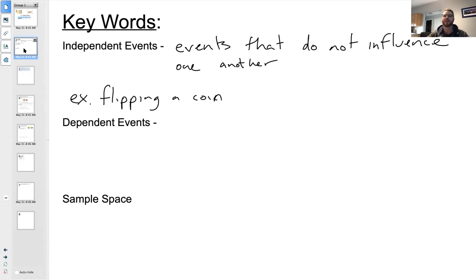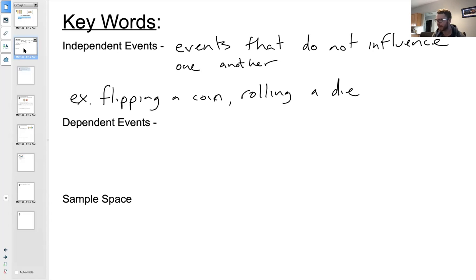Regardless of what you get on the previous flip, it's always a 1 in 2 chance of getting a heads or a tails on the next flip, right? Rolling a die, right? If you roll a 1, the next time that you roll the die, the probability of rolling a 1 is just as likely to occur, okay? We call those independent events.